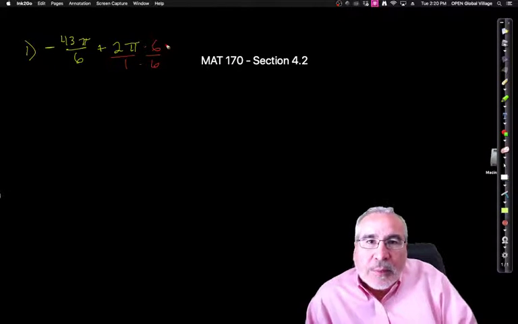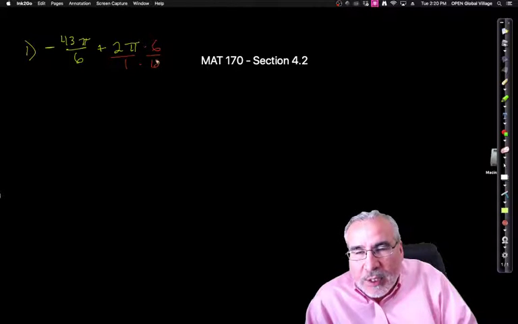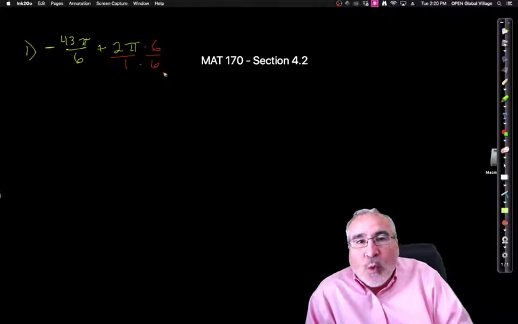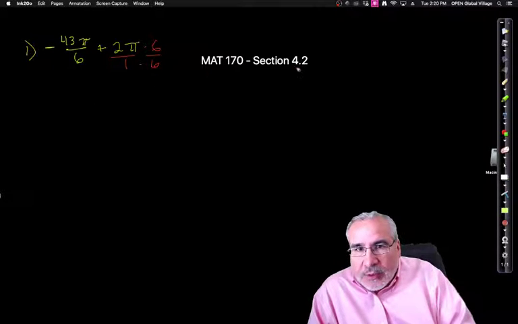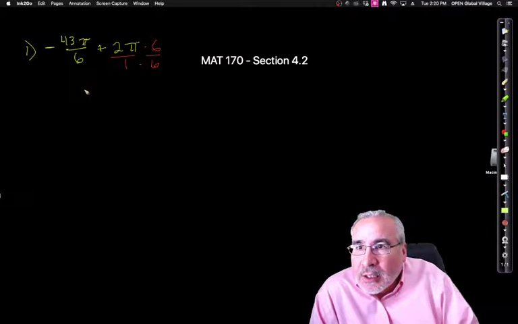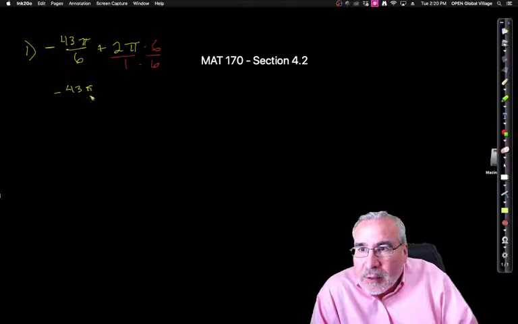And whatever we do in the bottom, we have to do to the top because we want to multiply by a factor of 1. So this gives us the new problem of negative 43 pi over 6, plus 2 times 6, which is 12 pi over 6.